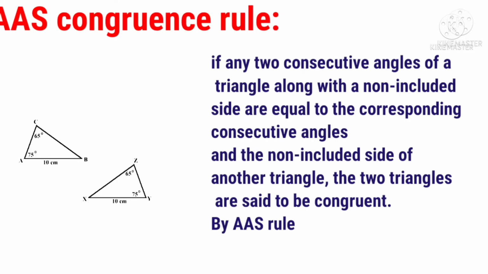If any two consecutive angles of a triangle along with a non-included side are equal to the corresponding consecutive angles and the non-included side of another triangle, the two triangles are said to be congruent by the angle angle side rule, that is the AAS rule.